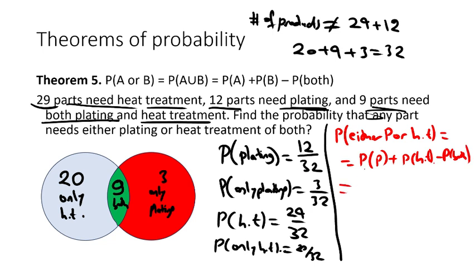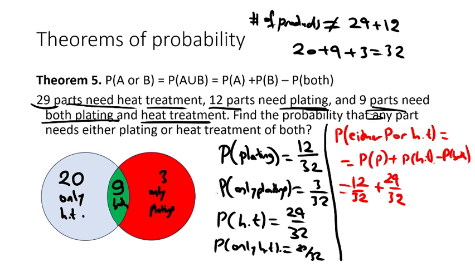What is the possibility that it needs plating? It is 12 by 32. Again, be careful, it's not only plating, it just needs plating. The possibility that it needs heat treatment is 29 by 32. Now you can notice I counted 9 twice.